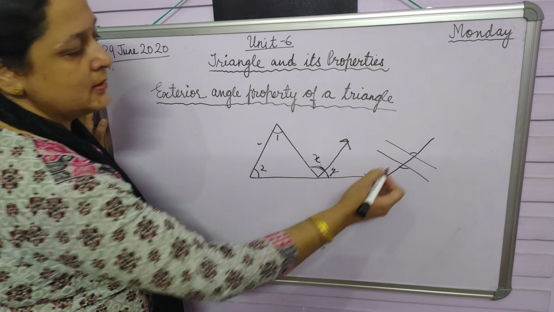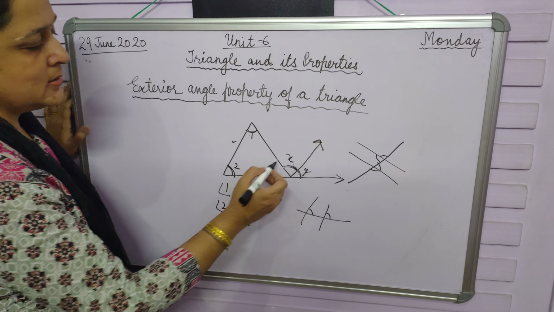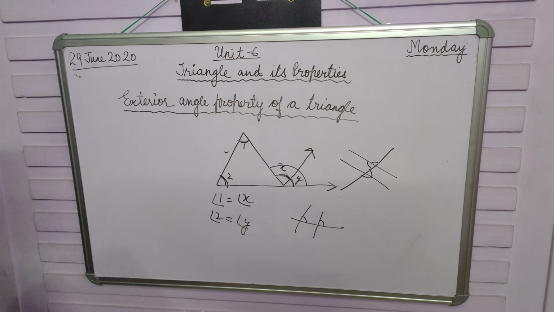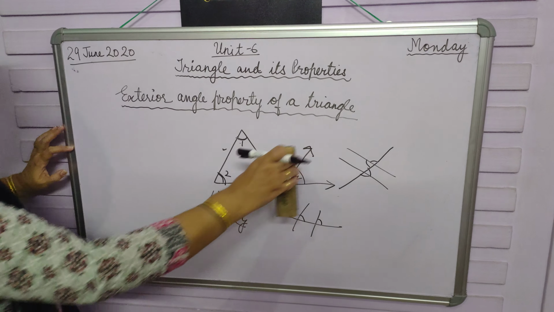And whenever 2 lines are cut by transversal, then what types of angles are these? These are corresponding. So angle 2 and angle Y are on the same side and same position, so these are corresponding angles. If I together take this angle X and Y, then it was my angle 3.